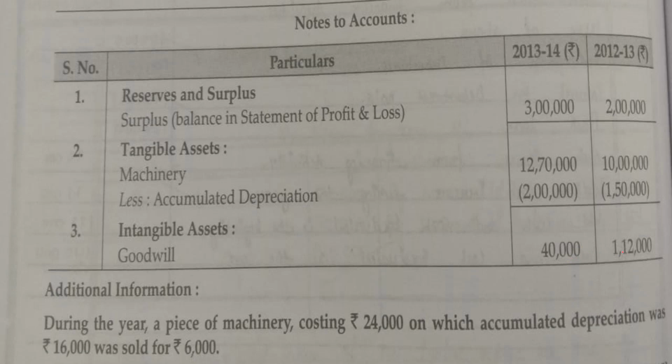Goodwill is an intangible asset would decrease when it is amortized. So here 72,000, the difference is goodwill amortization, which will be part of your non-cash and non-operating expenses, which is a part of your operating activity. So this way, through the first reading, I have noted down mentally that these are the items that I'm going to deal with in my cash flow statement.